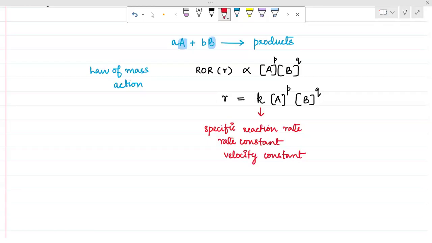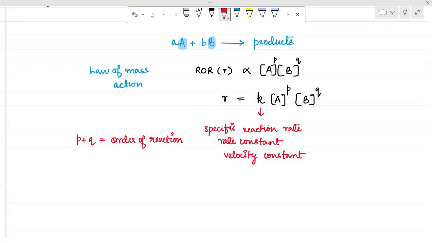Okay. All right. So we have written the rate of the reaction, small letter r, which is equal to rate constant into the concentrations of the reactant raised to some power. Now, this is very important. These powers, what you see over here, p and q, they have a separate name. That is, the sum of the powers, p plus q, is called the order of the reaction. It's a new term, order of the reaction.